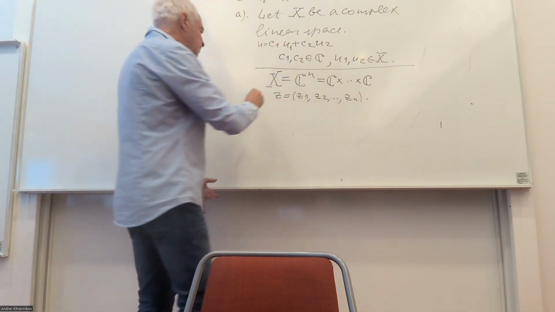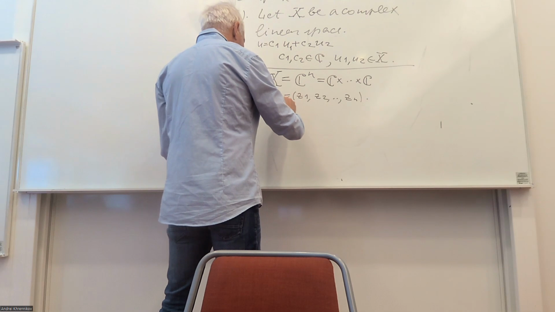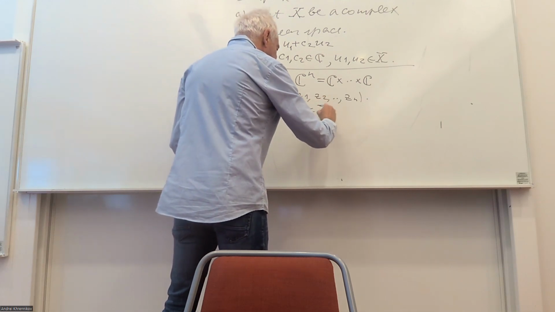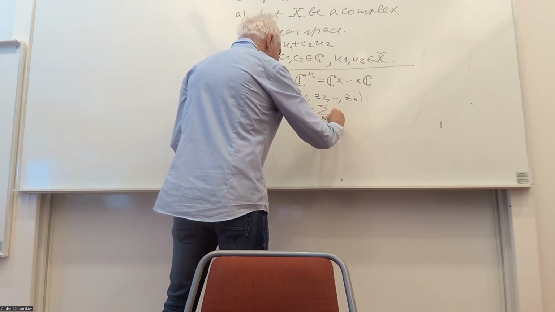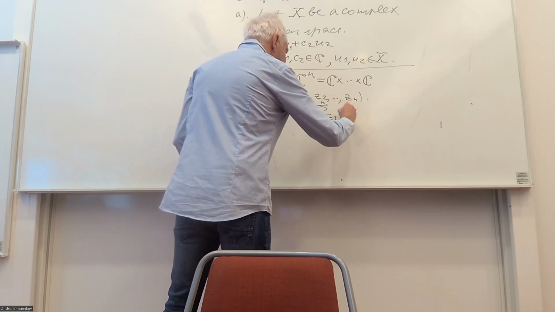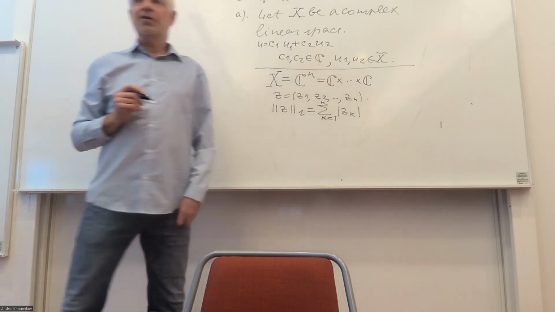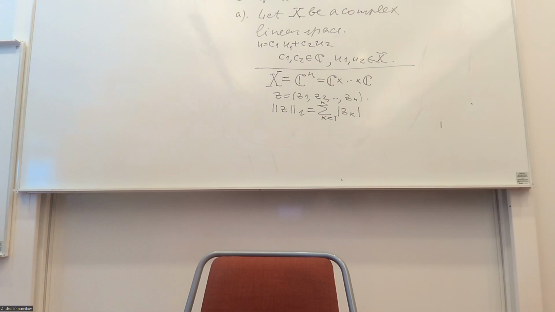On this space, let us introduce the norm, as before the norm 1: the sum over k from 1 to n of |z_k|, where now this is the complex absolute value. The only difference is that instead of the usual absolute value, you take the complex absolute value.